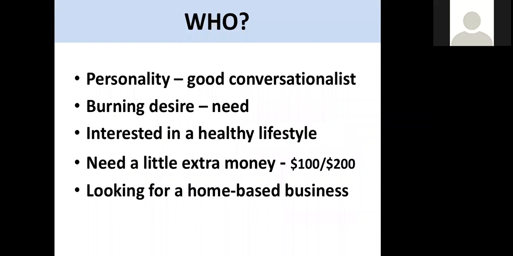So just a few bullet points as to who you might want to try and attract. Look for personalities, individuals that are good conversationalists, someone who is a good people person, as they say.